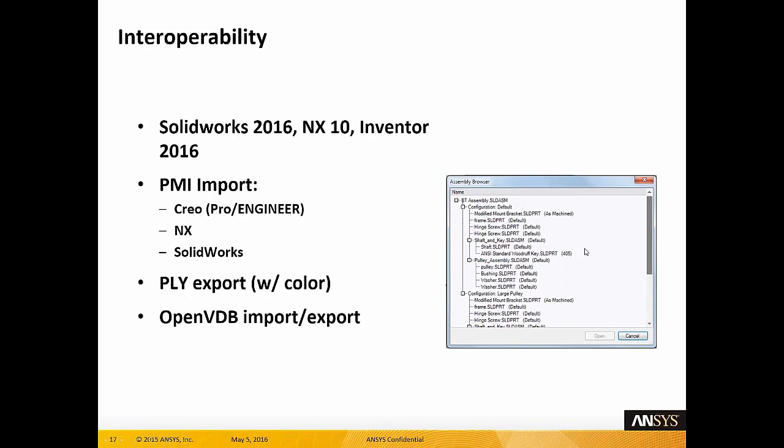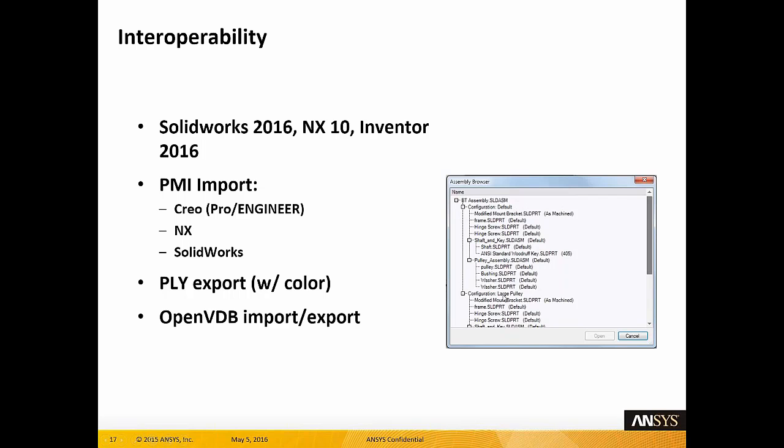Now lastly, we've done something else to get even more value out of what we import. If you're importing assemblies from a number of systems, in this case let's say a SOLIDWORKS assembly, a lot of these major CAD systems store data in assemblies in configurations, which means I might have one configuration of the assembly which has a various list of parts and position of those parts.